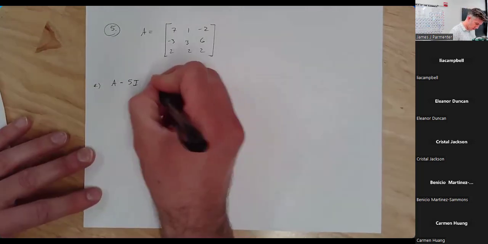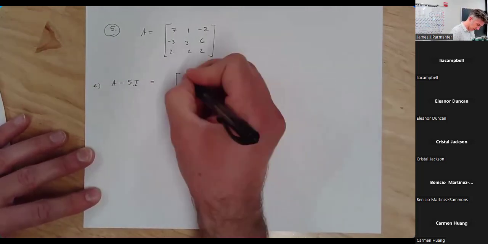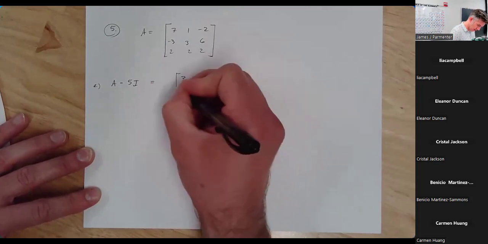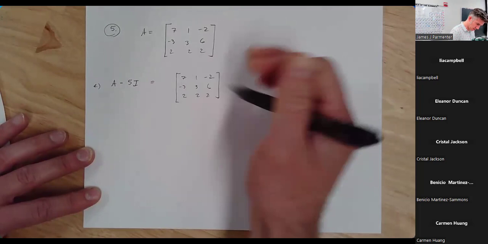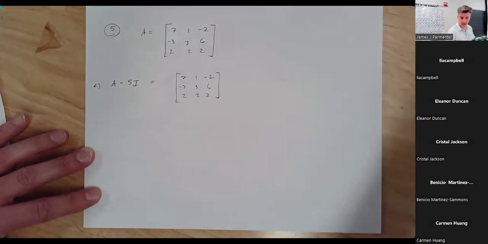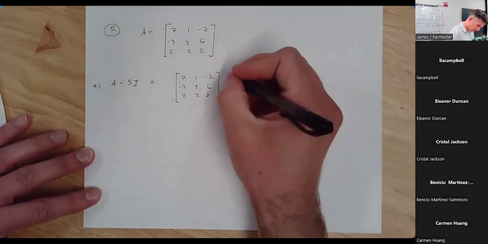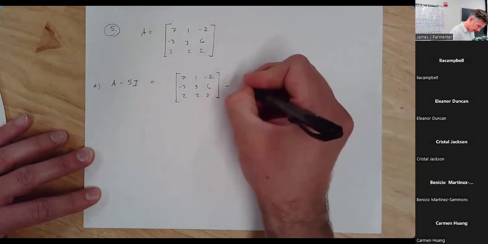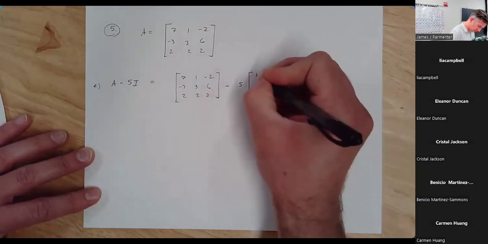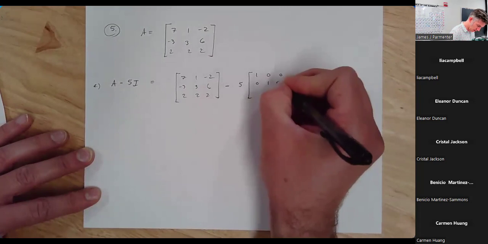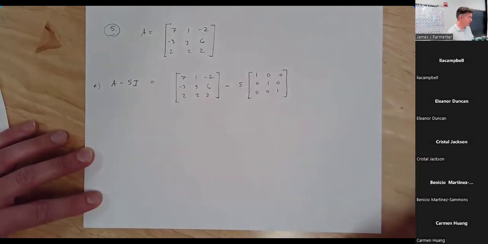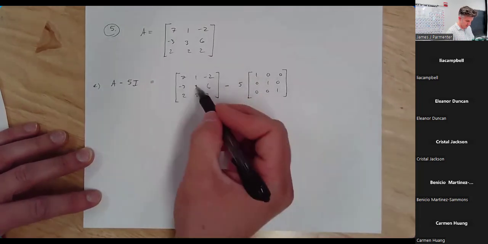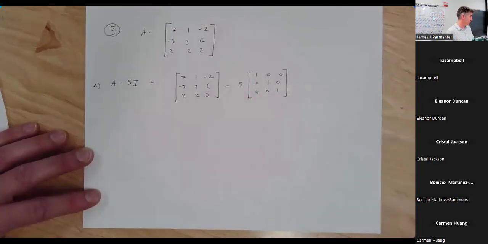So that's going to equal A, which is again this 7, 1, -2, -3, 3, 6, 2, 2, 2, and then we're going to subtract 5 times the identity matrix 1, 0, 0, 0, 1, 0, 0, 0, 1. Essentially, all we're doing here is subtracting 5 from each of the diagonal entries and leaving everything else alone.